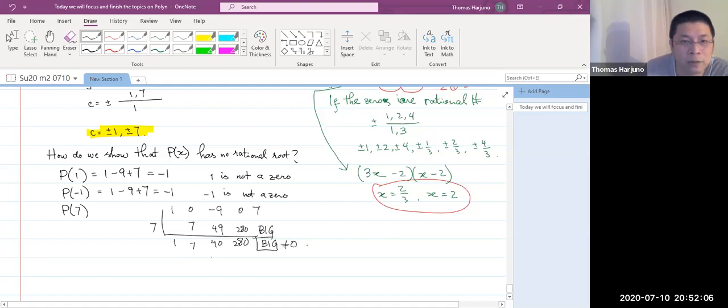Okay, so 7 is not a zero. Now you will see P(-7) actually gives you the same number.